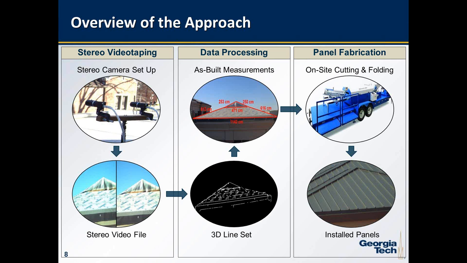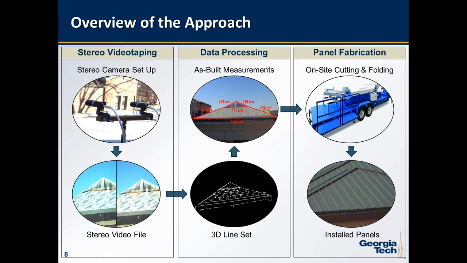What happens in the data processing step is that, first of all, the method finds 3D lines from the scene, and after that, by finding different roof planes in the scene, it extracts the measurements from those 3D lines. Then those as-built measurements are converted to an XML file format, and they are sent to the job site for panel fabrication.